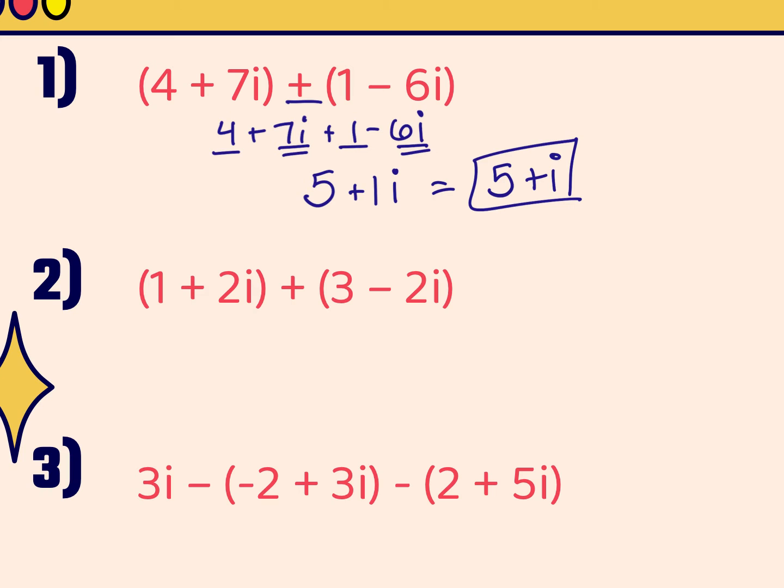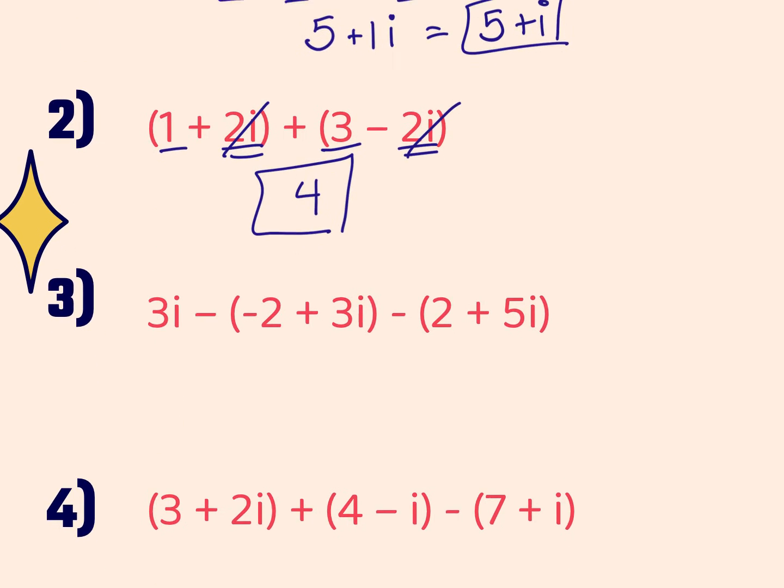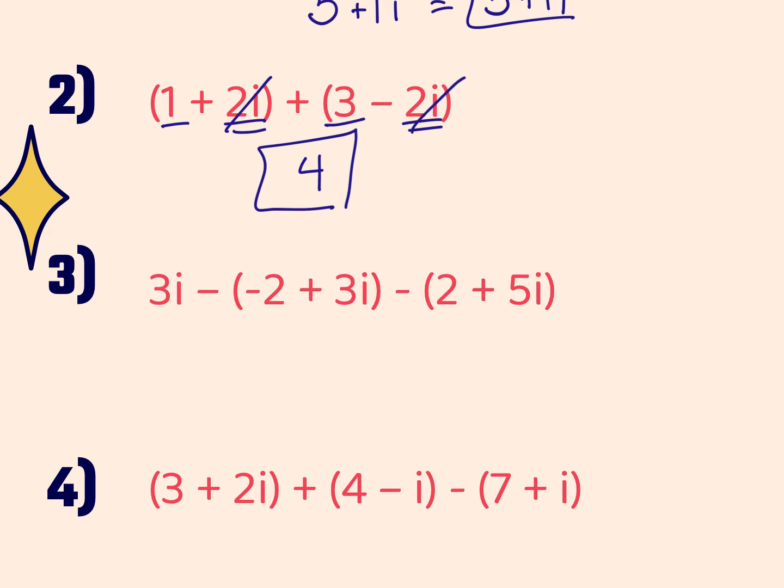Number 2, same thing. It's addition, so we can just ignore the parentheses. 1 plus 3 would be 4. Positive 2i and negative 2i would cancel out. So my answer here is just 4. Number 3, I've got subtraction signs in front of these parentheses, so I'm going to distribute. 3i minus a -2 would become plus 2.